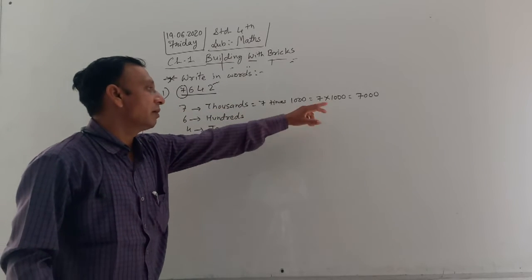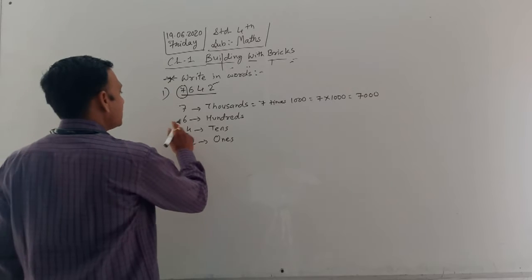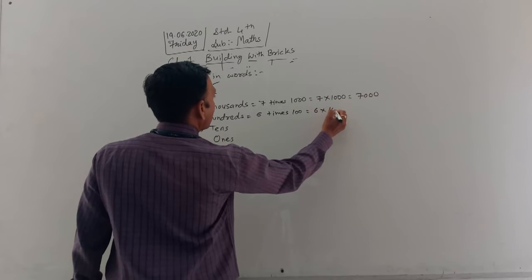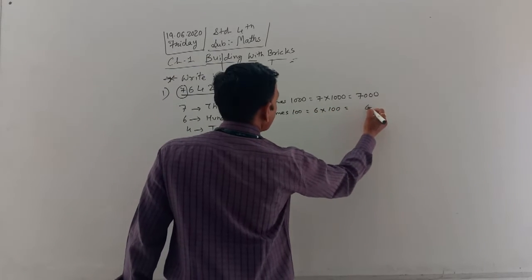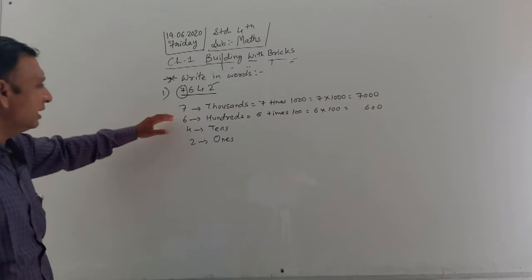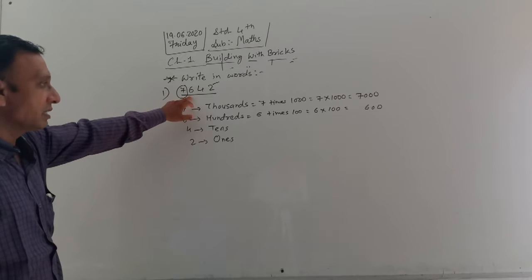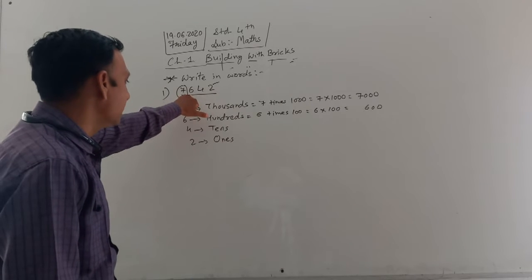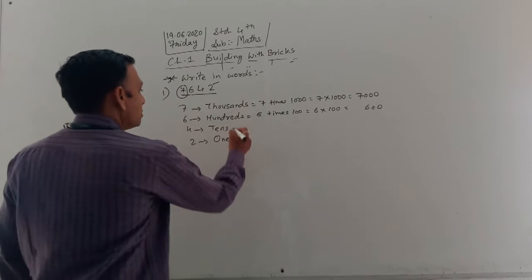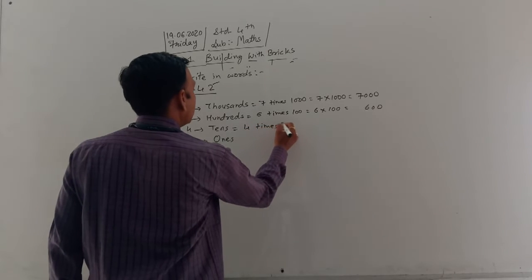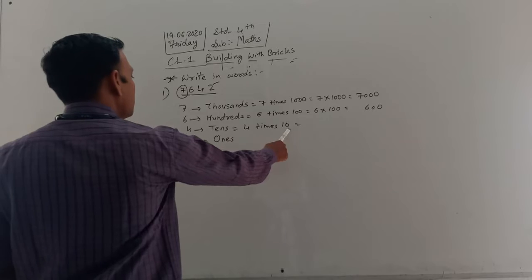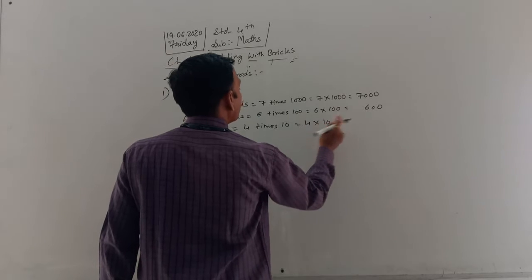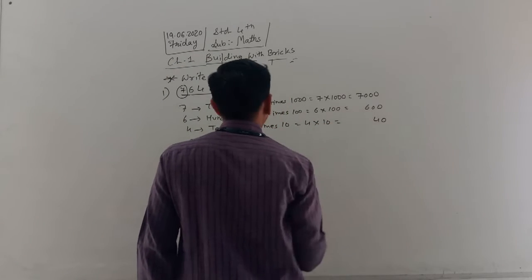Thousands place means 7 times 1000, which means 7 multiplied by 1000. That is 7,000. Then 6 is at hundreds place. It means 6 times 100, that is 6 into 100 is equal to 600. 4 is at tens place, so 4 times 10, that is 4 multiplied by 10. 4 tens are 40.